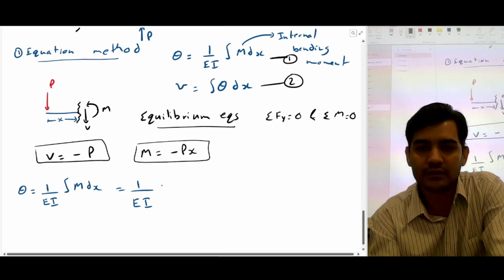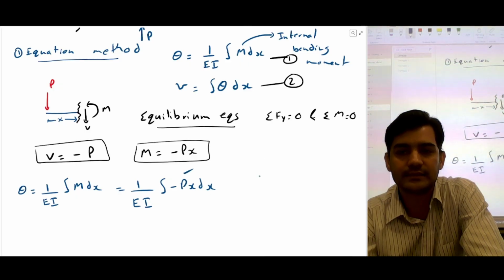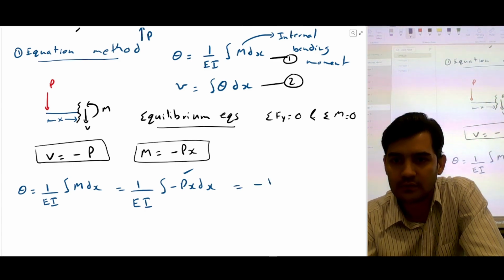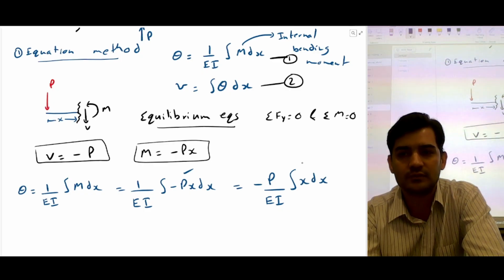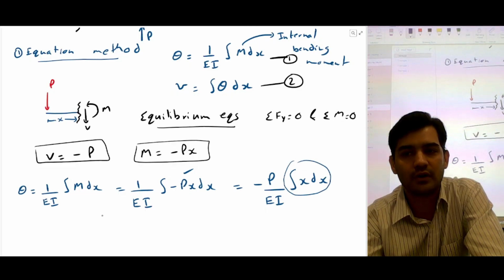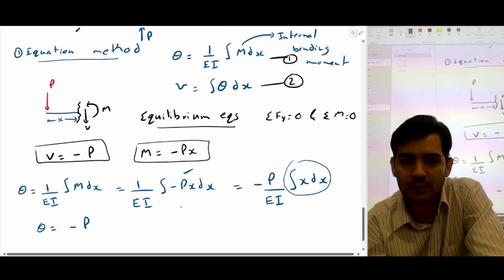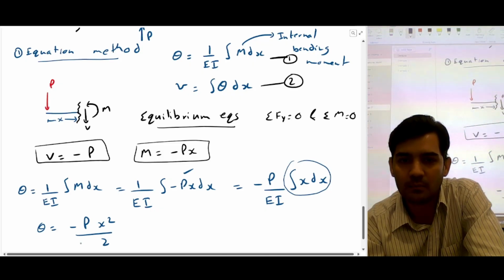We have already calculated the moment, which is negative Px dx. This P is constant, so I can take it out. It's minus P over EI x dx. So you can do the integration. It's going to be minus P, and if you do the integration, you get x squared by 2EI.